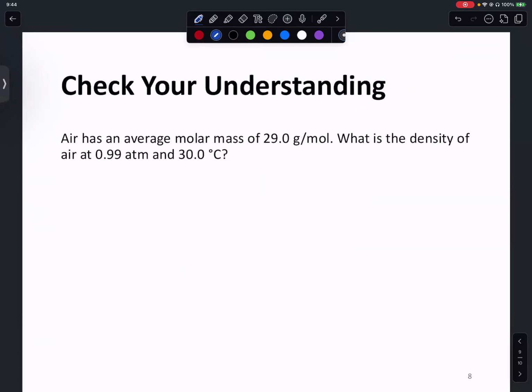And now let's look at 2 examples. The first example is that air has an average molar mass of 29.0 grams per mole. What is the density of the air at 0.99 atm? In this case, it wants us to determine the density of the air.